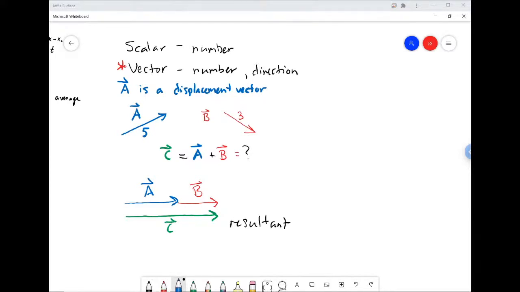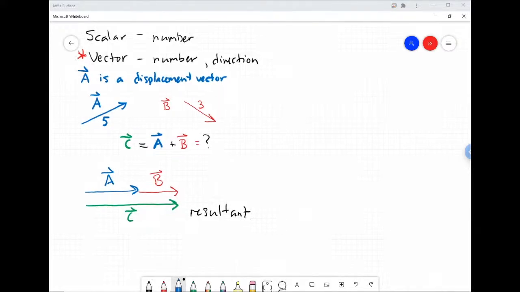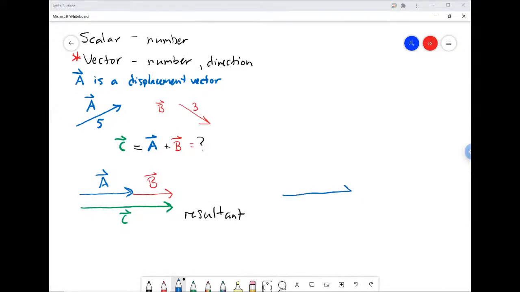But maybe B points in the opposite direction. Maybe you have something like this, where A points like this, but then B is coming back the way you came. In this case, C would look something like that. In the first case, where A and B both point in the same direction, we say A and B are parallel.